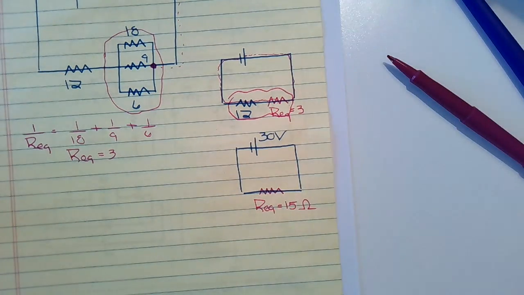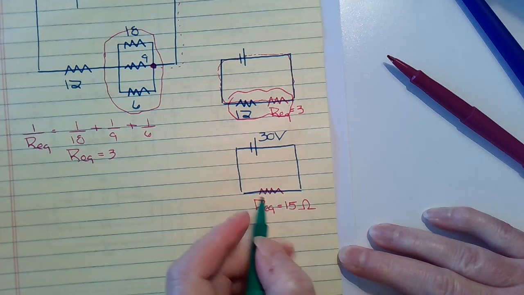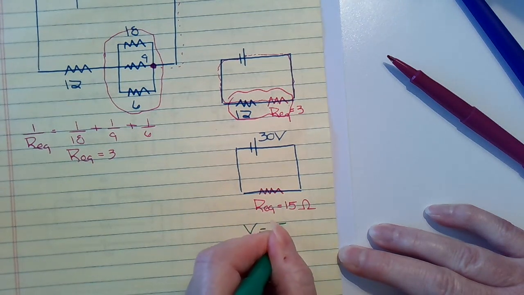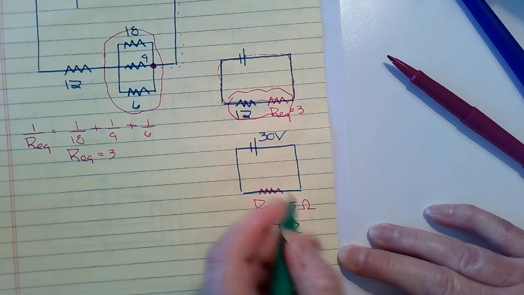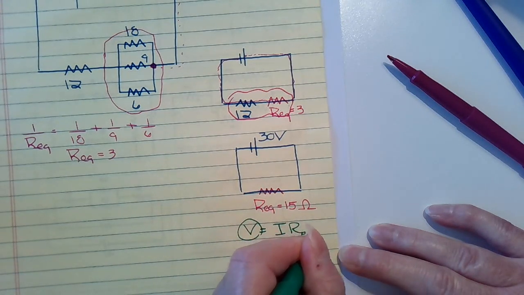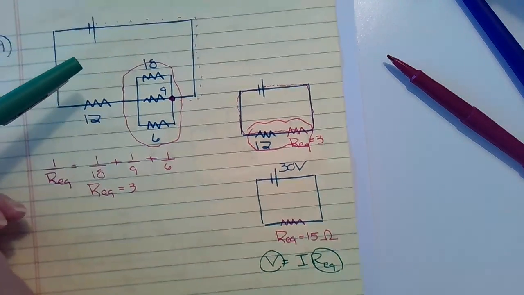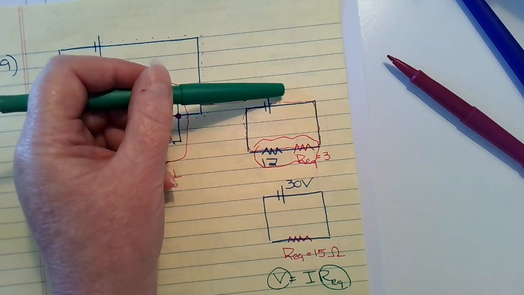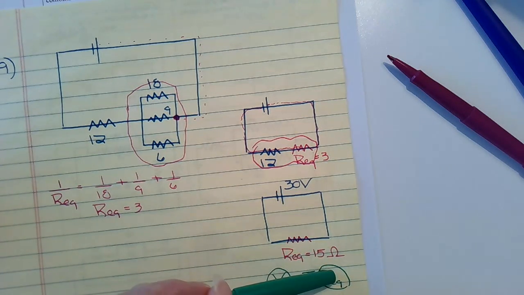We're not going to do this today, but in the next lesson, the next thing we would do is use V equals IR. And that's why we need a V value and we need an REQ, because that's going to go in the V equals IR. So we are always taking our combination circuit and drawing little mini circuits down a list until we get one battery and one resistor.